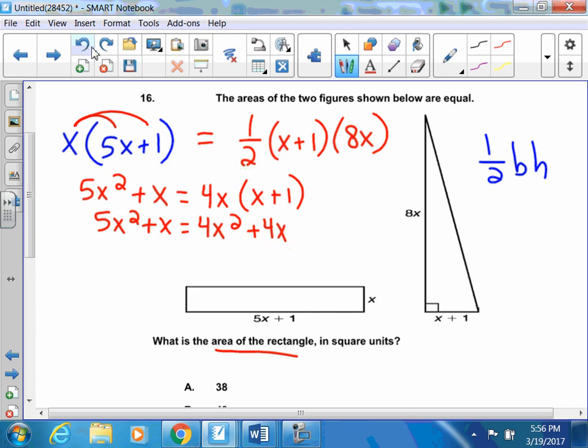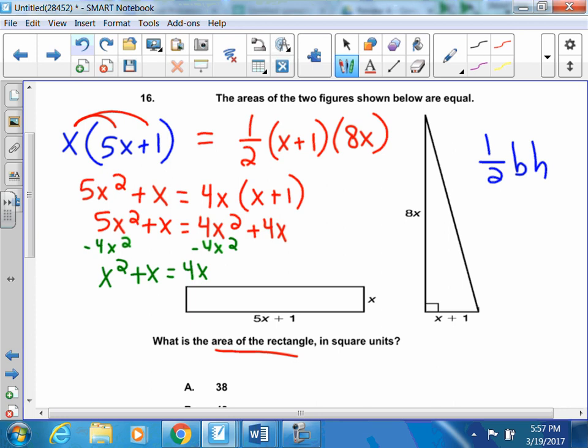All right, so now we're solving this quadratic equation. We have to get the x's, basically everything, to the same side. So I'm going to move everything over here because I want my x squared term to be positive. So we're going to subtract 4x squared. Subtract 4x squared. We get 1x squared plus x equals 4x.